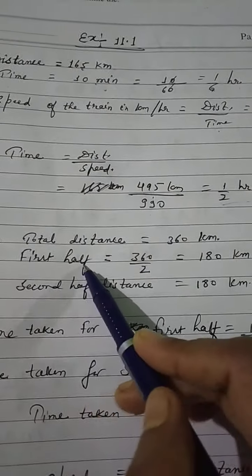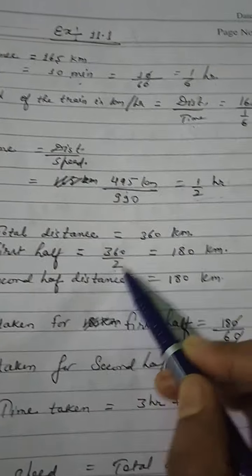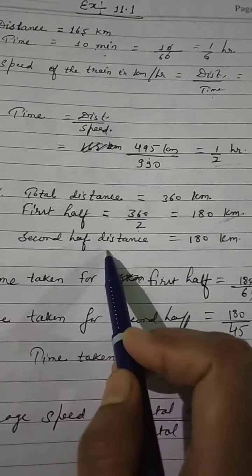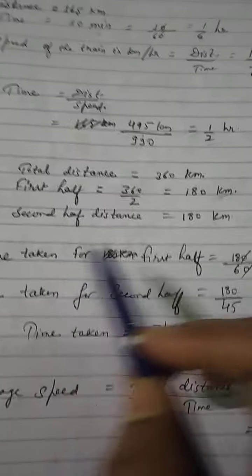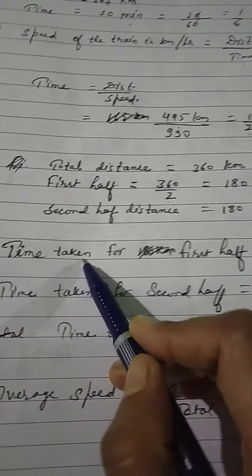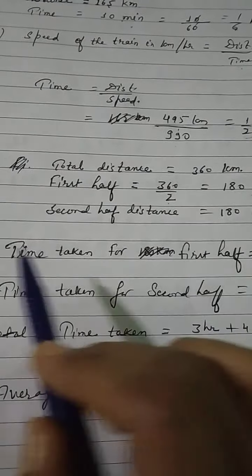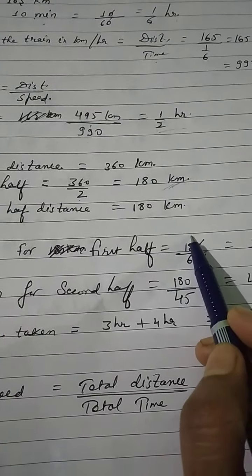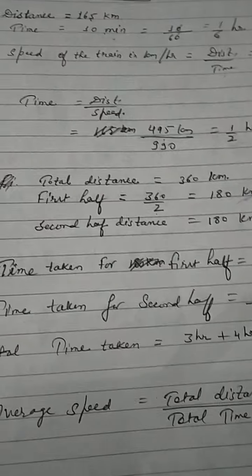Total distance is equal to 360 km. So first of all find out 360 divided by 2. That is 180 km, the first half. The second half distance is another 180 km. We will find out the time for the first half. Time taken for the first half is equal to distance by speed.